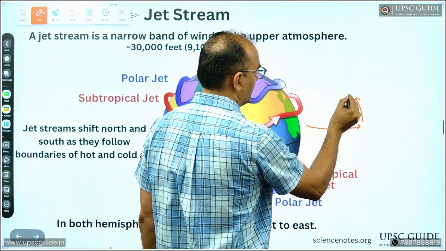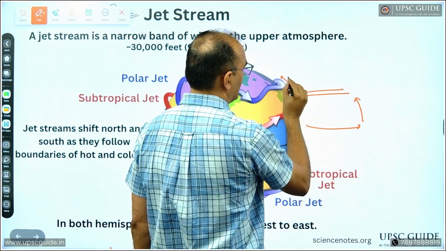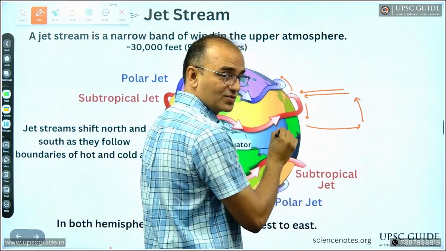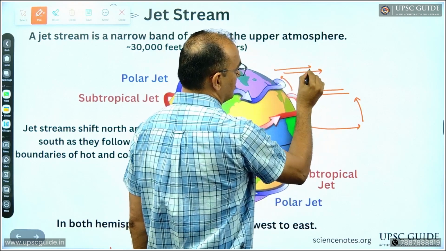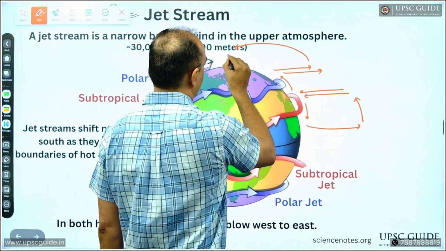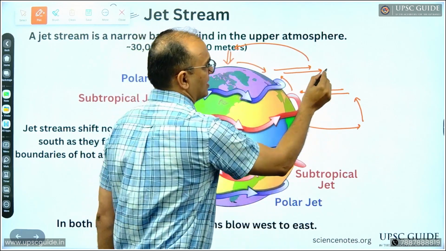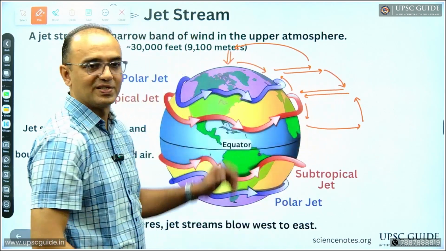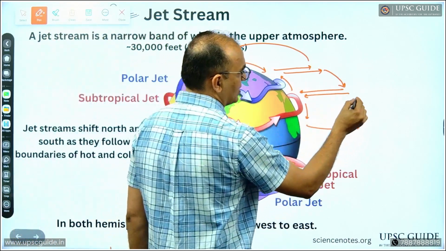Like this, comes down, right? Then the westerlies, the northeast trades, upliftment at the subpolar low pressure belt, winds going back here, descending on the pole, polar easterlies coming back. This completes the 3 cells. We have seen this. So the first jet stream, the subtropical westerly jet, is located here.